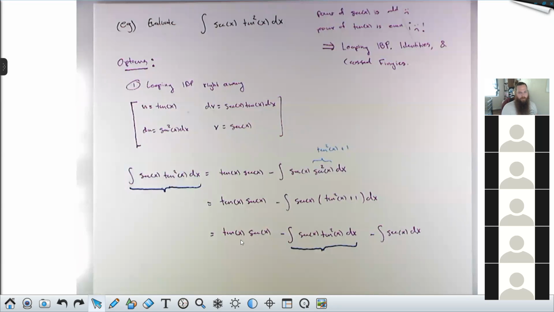Some unknown thing is equal to tangent x secant x minus that same unknown thing minus the integral of secant x, which I know. So we can add this to both sides.